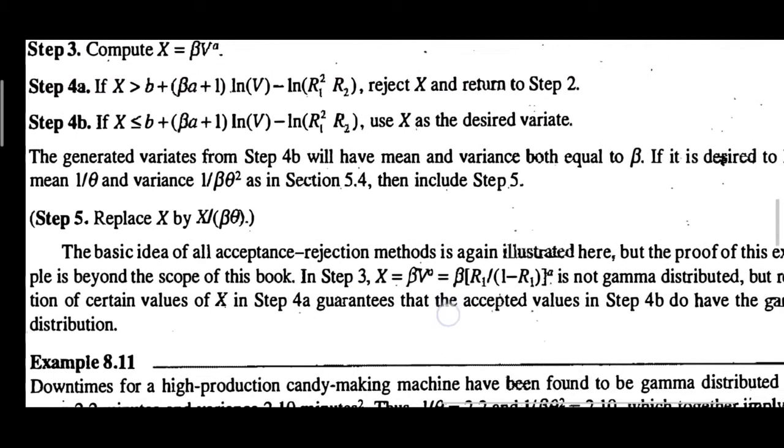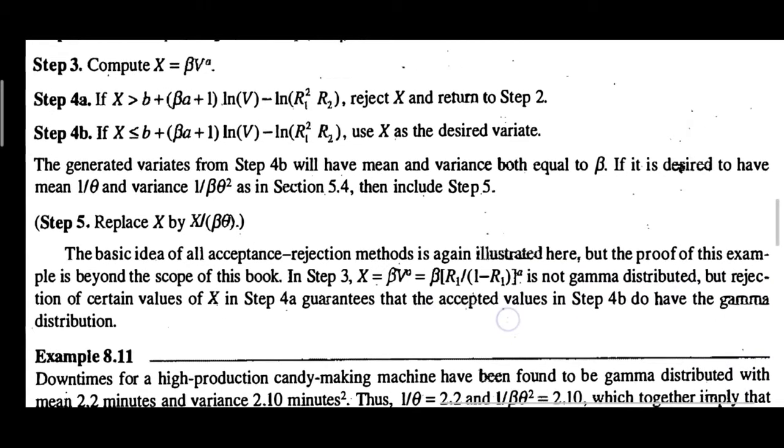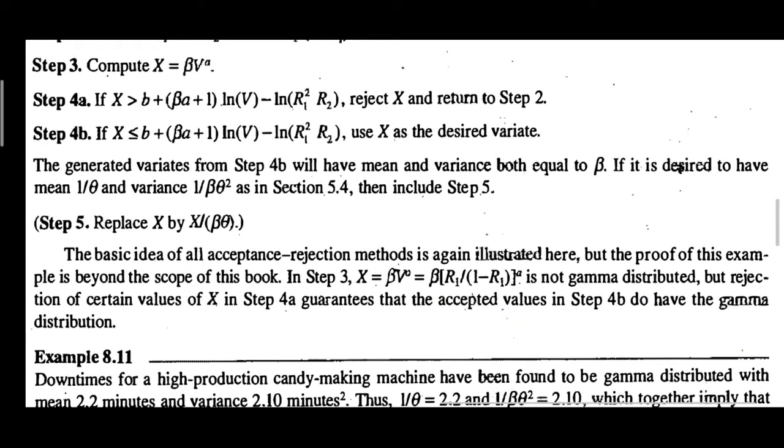The basic idea of all acceptance rejection methods is again illustrated here, but the proof of this example is beyond the scope. You might ask how to derive this formula, right?